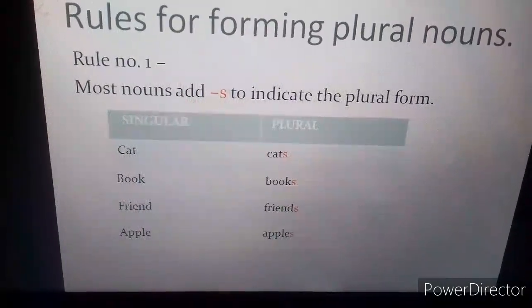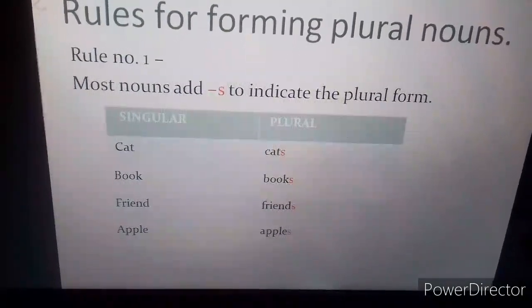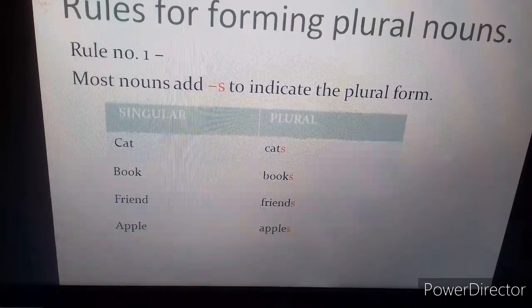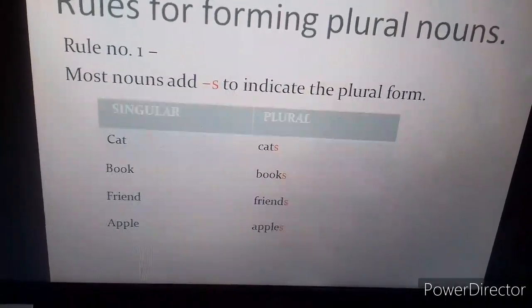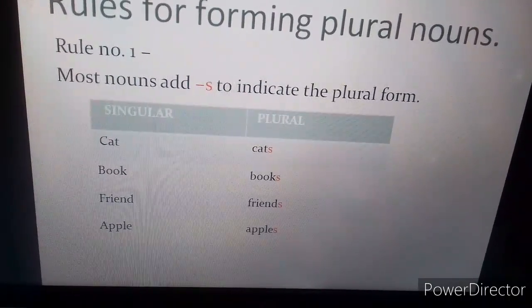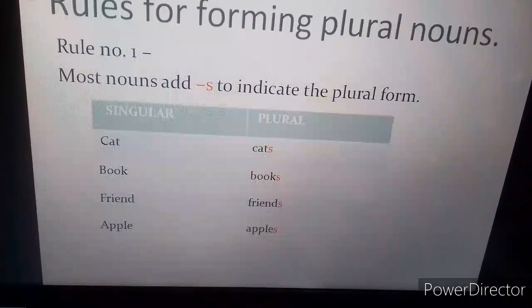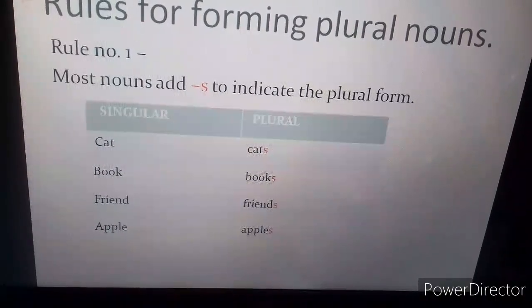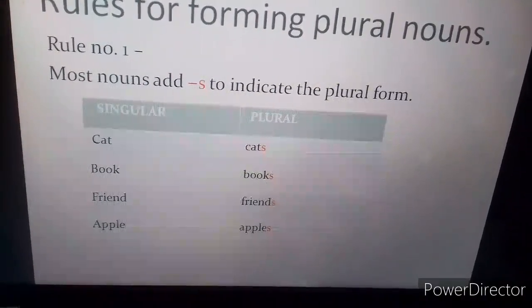For example, the plural of cat will be cats, book will be books, friend, friends, apple, apples. So in all these examples you can see that the noun has been made into its plural form by simply adding s.